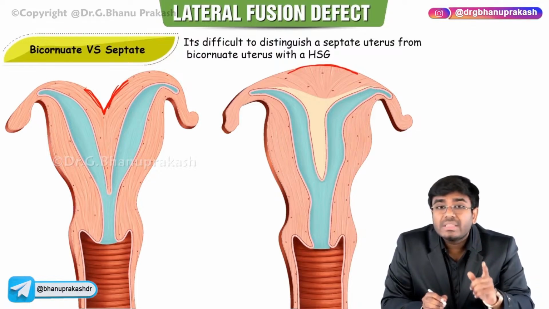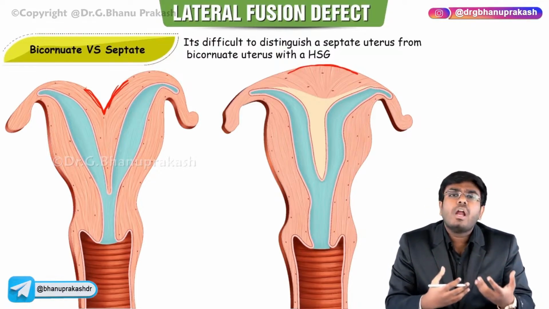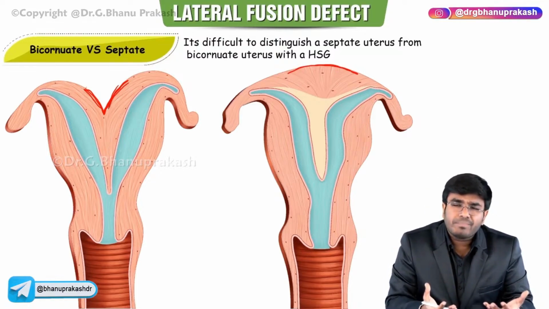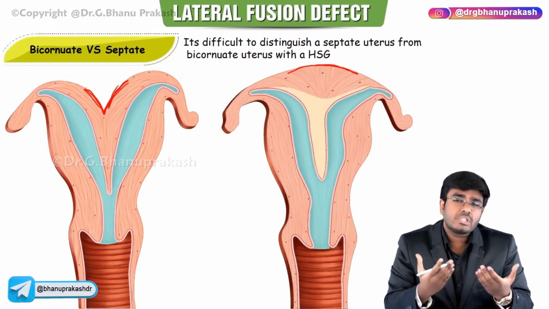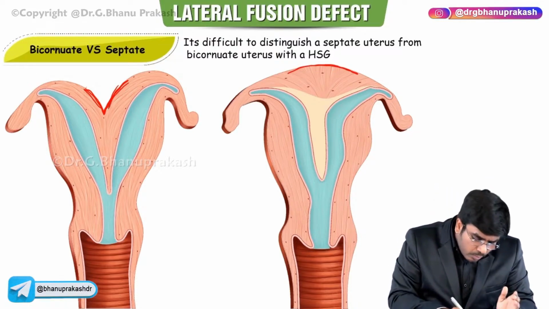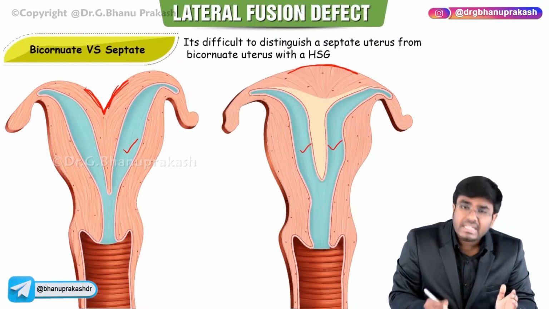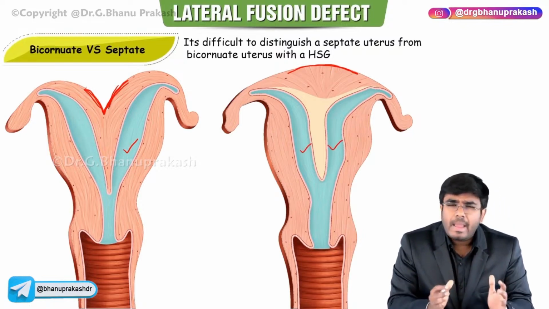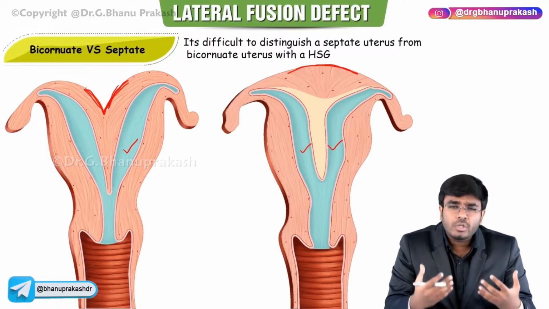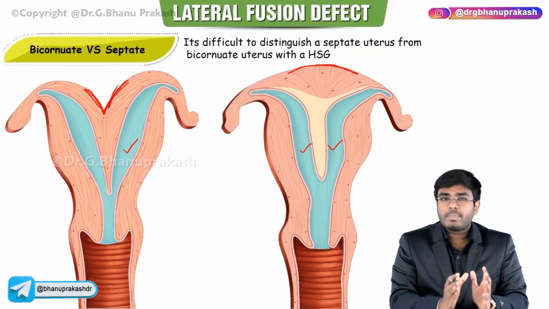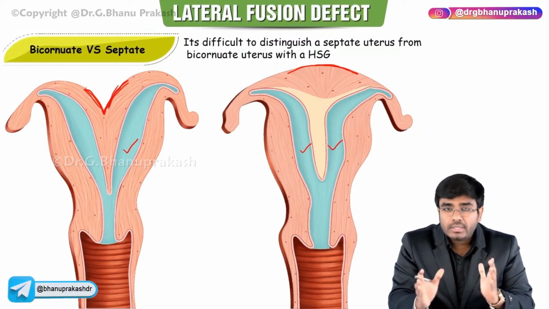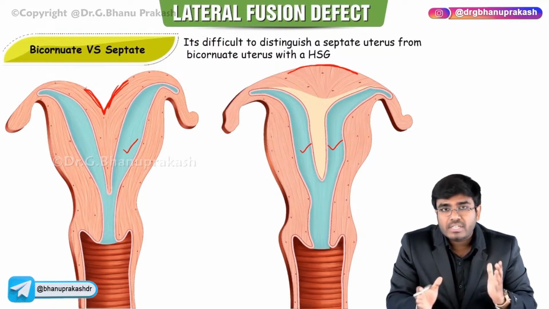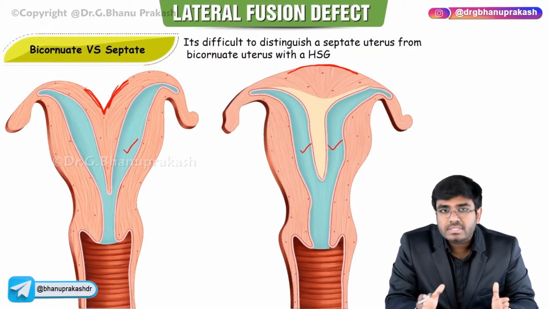Guys, please know that the fundal contour cannot be seen with hysterosalpingography. What you can see is only this blue color area, the uterine cavities, where the radio opaque dye can be seen, but you cannot see the fundal contour. So, very important, with hysterosalpingography you cannot differentiate between a bicornuate uterus and a septate uterus.